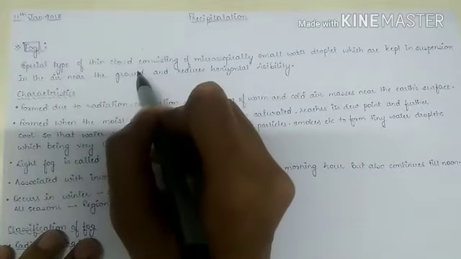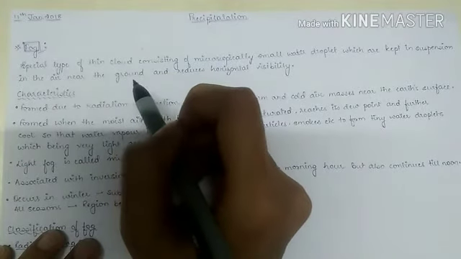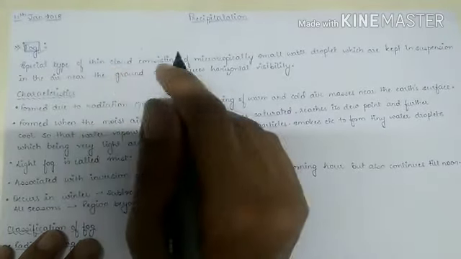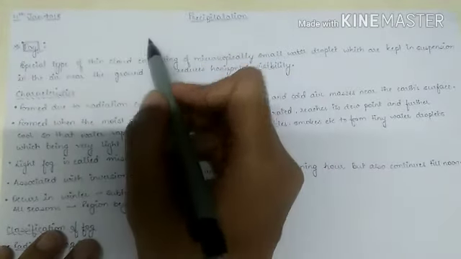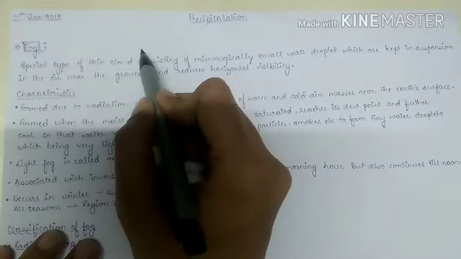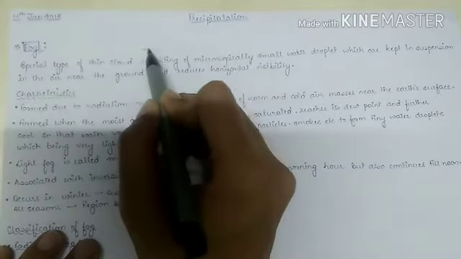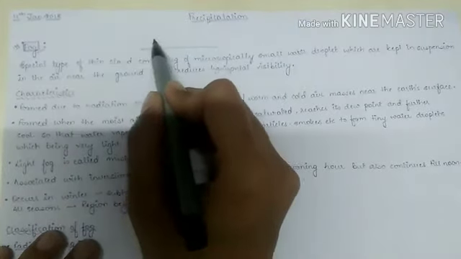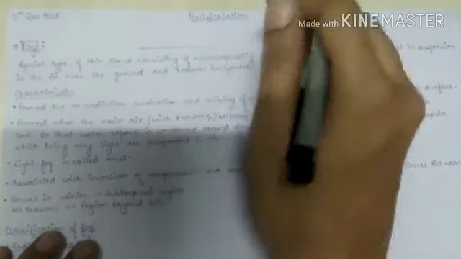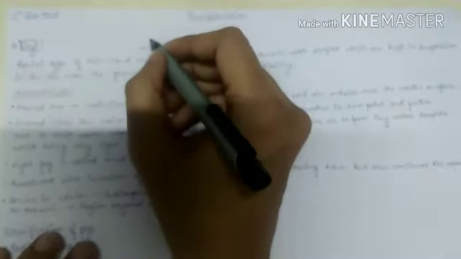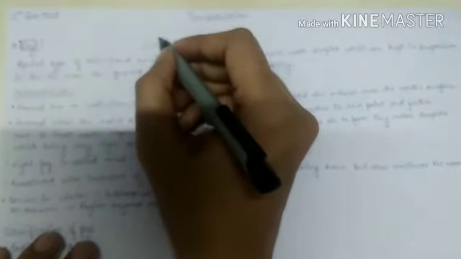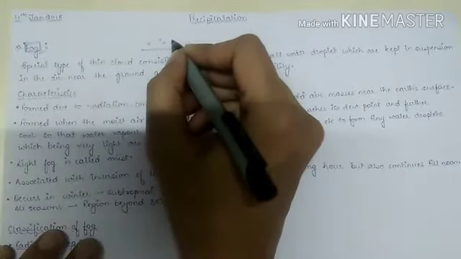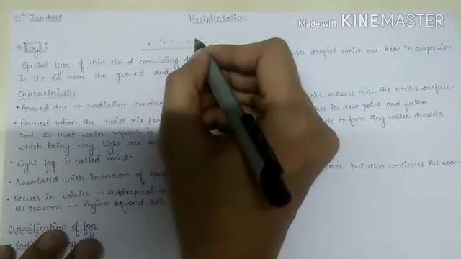They consist of microscopically small water droplets which are kept in suspension in air near the ground, and they reduce horizontal visibility. Okay, so what exactly happens is, this is the ground, and near the ground we have air present. And this air consists of very small, tiny water droplets, water vapor droplets which are freely suspended in air.